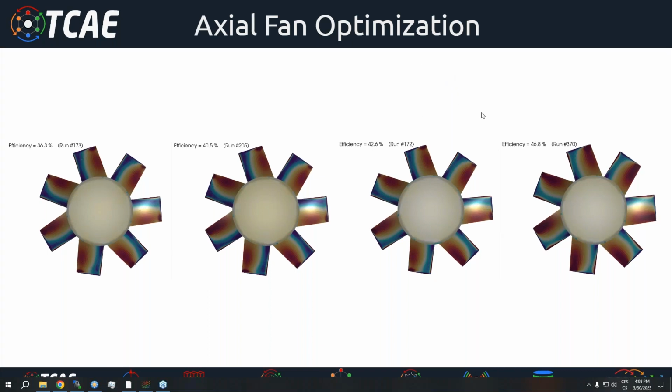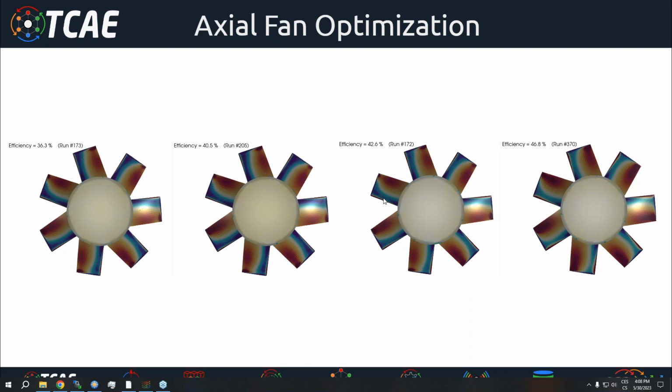The best design was run number 370, and we picked 3 similar runs. They look very, very similar. They're not the same. We checked many times. They're really different in little angles and thicknesses and things.